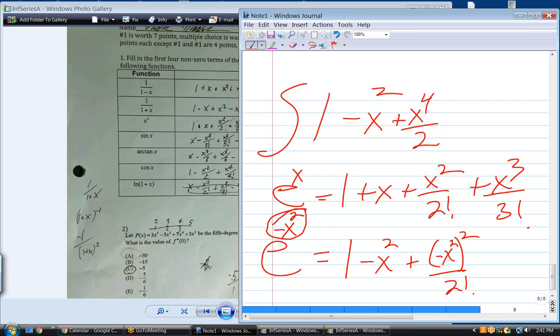And even though I can't integrate the entire infinite series, if I integrated the first 4 terms of this, I would have a pretty good approximation for what e to the minus x squared was. So instead of integrating e to the minus x squared, I integrate each term of the infinite series that you get when you convert it.